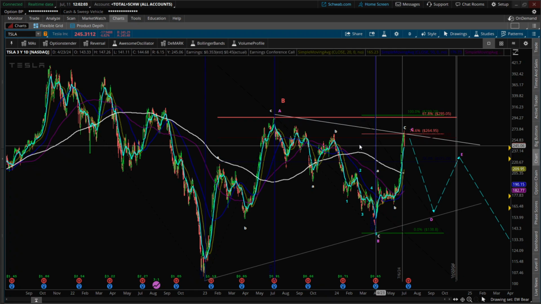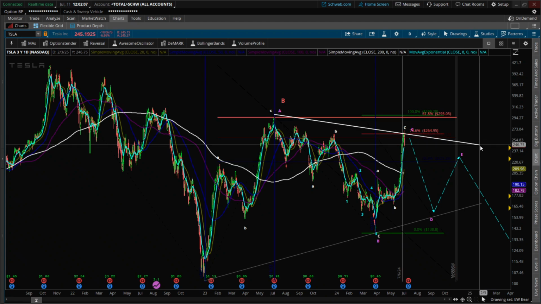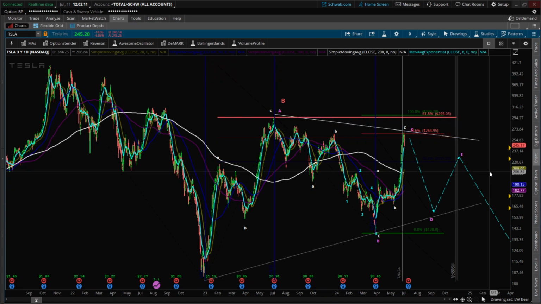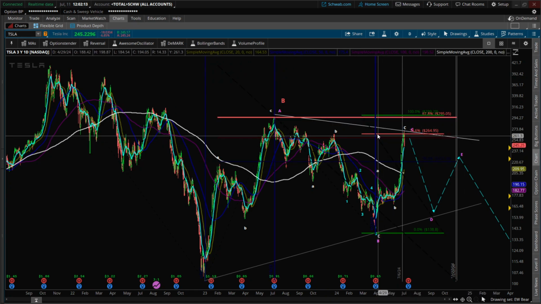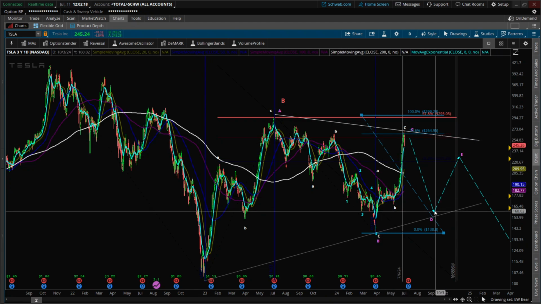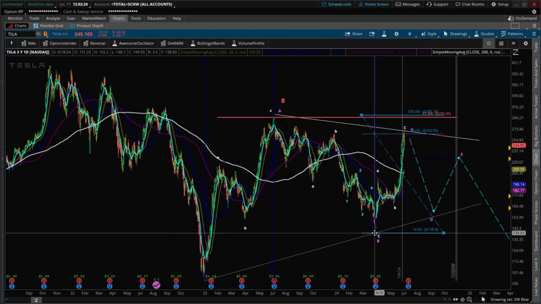Okay, so now I'm just drawing the top of this triangle as is. Can move it up just a little bit there. The only difference of what possibly might happen is price action breaks down below this triangle and it continues, especially if you break these lows here from the possible B wave.